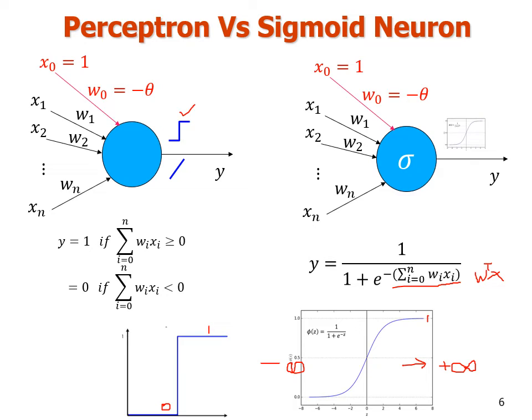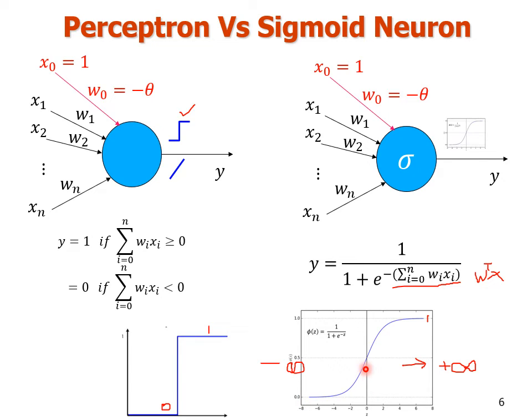So in terms of neural network, here the input is nothing but the weighted sum wi xi. So if the weighted sum goes on increasing beyond 0, then the output will become near to 1, and if the weighted sum goes below 0 or negative, then of course the output will go towards 0.